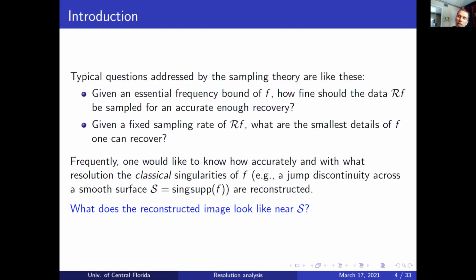The question, here in blue: what does the reconstructed image look like near S, the singular support of F? As you can see, it's different from the first two. It's related, but it's different. So the rest of the talk will be about this question. What does the reconstructed image look like near S?